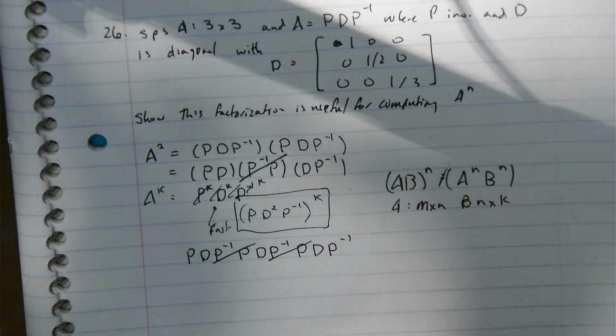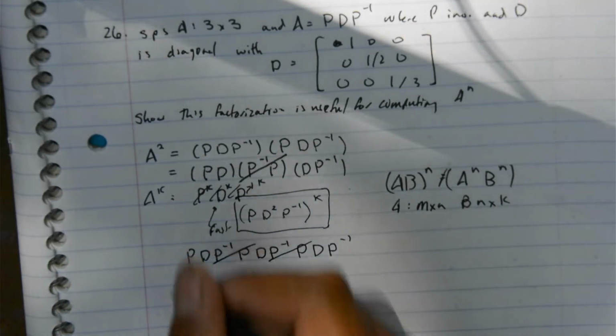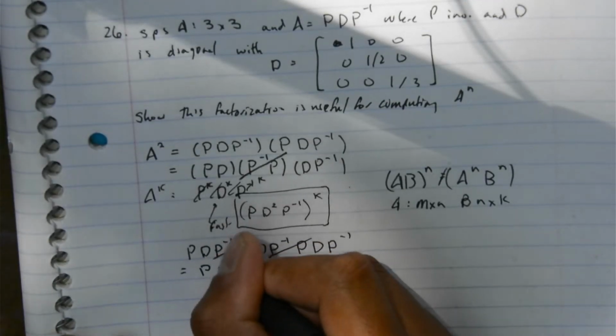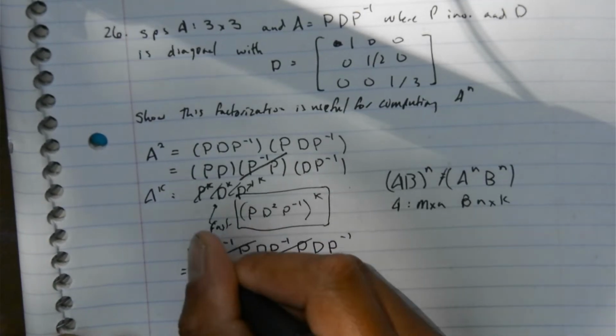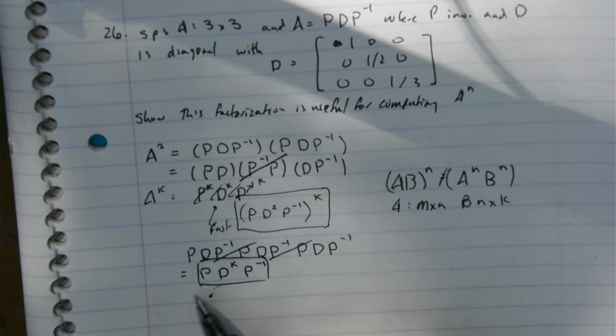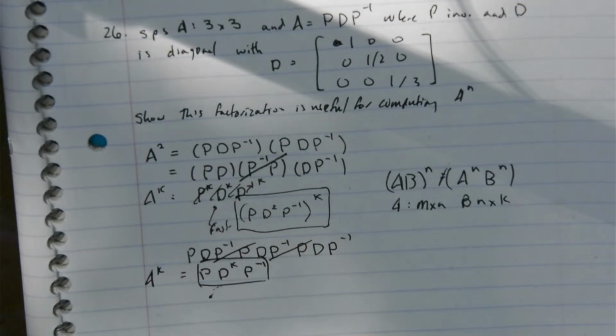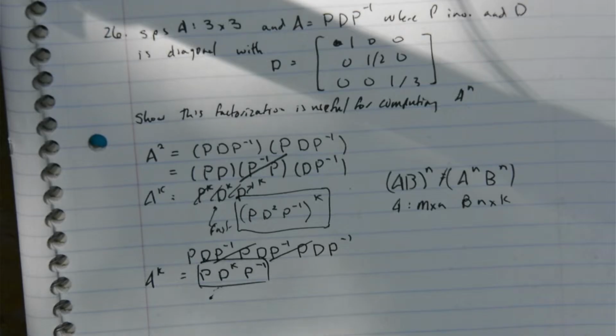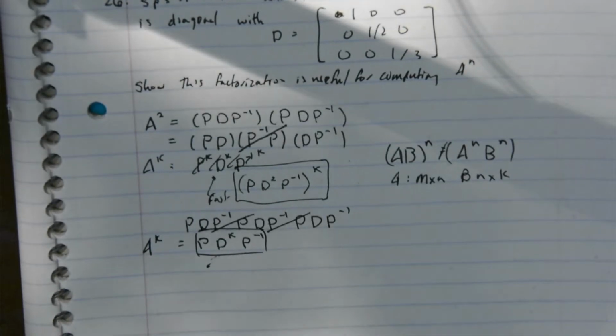Oh, so no, you know what I think it is? I think it's just equal to P D to the k P inverse. I think that that's all you have to do. Computing this is easy, and you don't even have to compute powers of these. All right, so this is what A to the k is. So that is the answer right there.